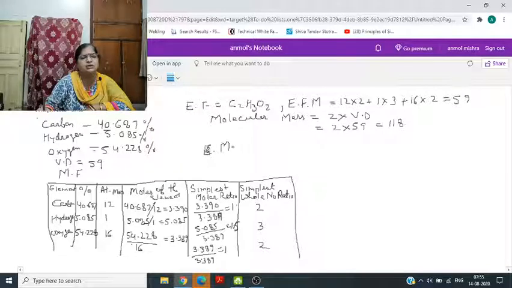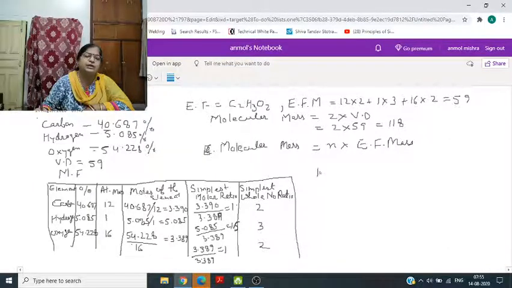So the third formula also we have to use, that is molecular mass is equal to n into empirical formula mass. So 118 is equal to n into 59, so n is equal to 2.